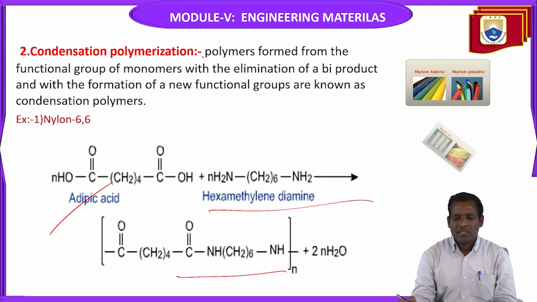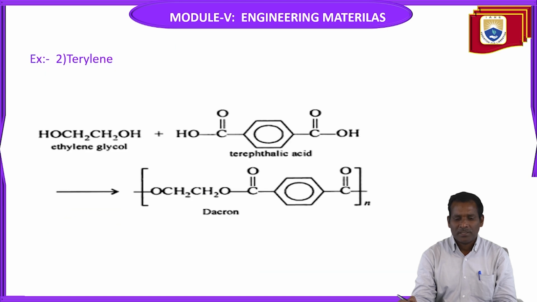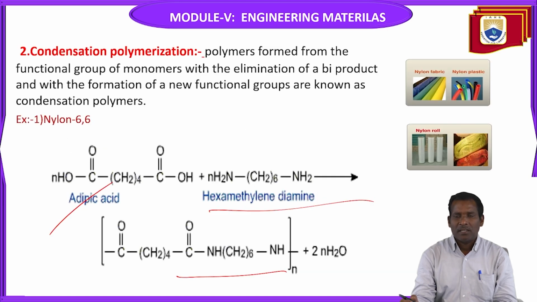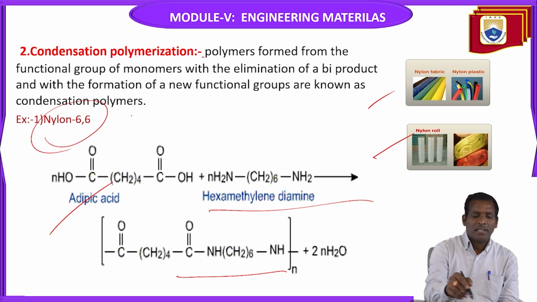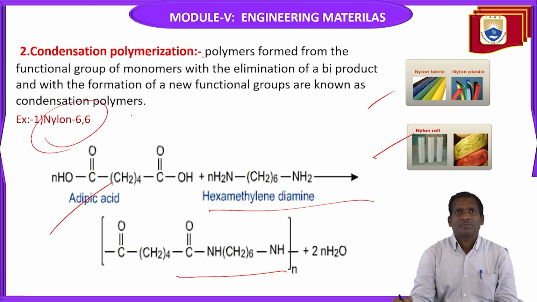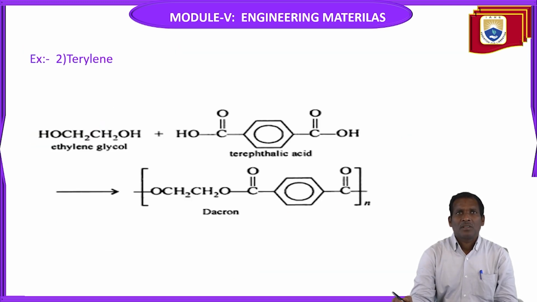You can see nylon fabric, nylon plastic, and nylon ropes in this figure. This entire thing is called nylon 6,6. The next example is terylene.